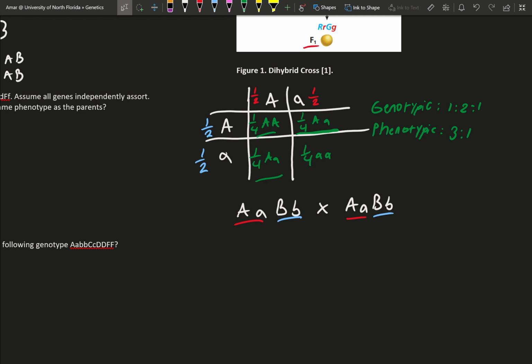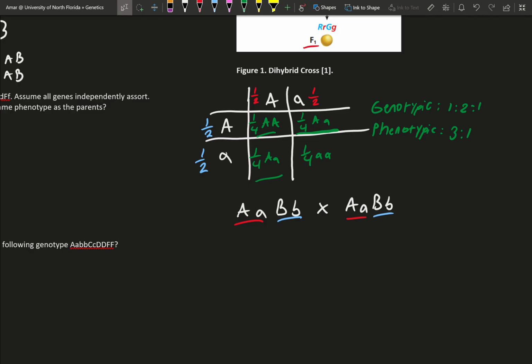You would always get a 3 to 1 ratio from that cross. The same thing goes for the B genes as well. It doesn't matter what you have from A or B or C, you're always going to get that same proportion: 3/4 big B phenotype, and then a 1/4 chance of little b, little b.